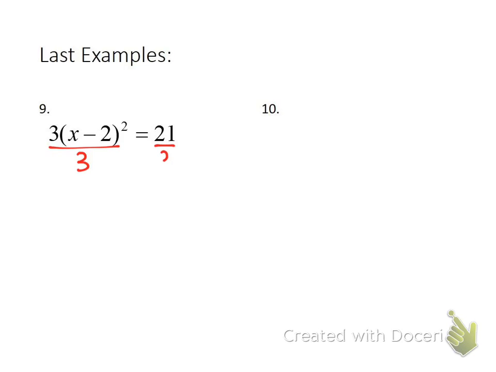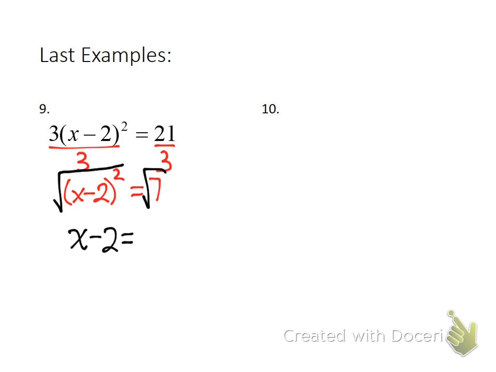So we will start by dividing both sides by 3. That gives us x minus 2 squared equals 7. And then we are going to square root both sides. It doesn't come out to anything. It is a prime number.